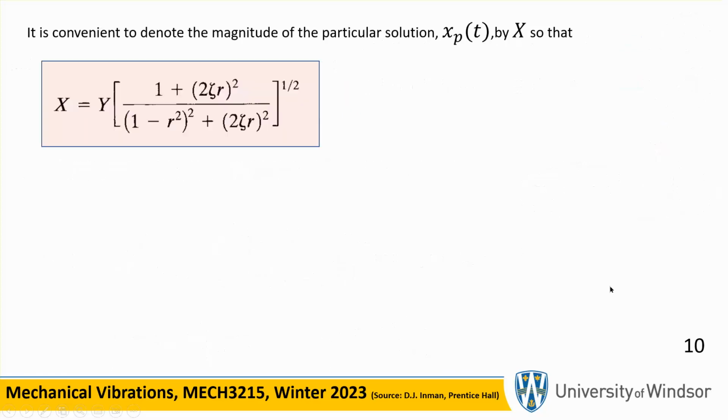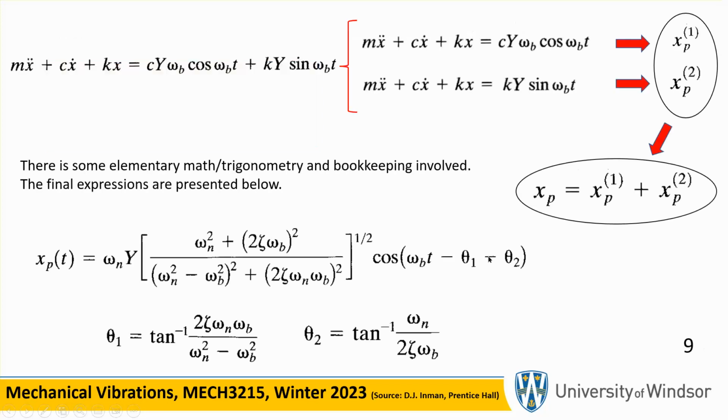So here's what happened. Let me go back here. Notice that the solution of the displacement of the mass, this is very important, displacement of the mass is also cosine of omega b t. That's not surprising.